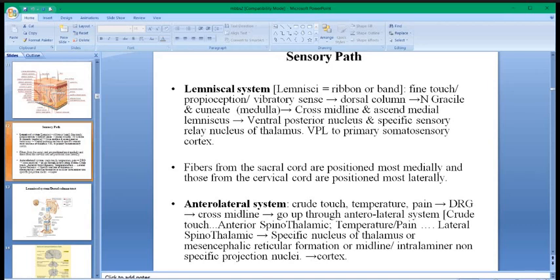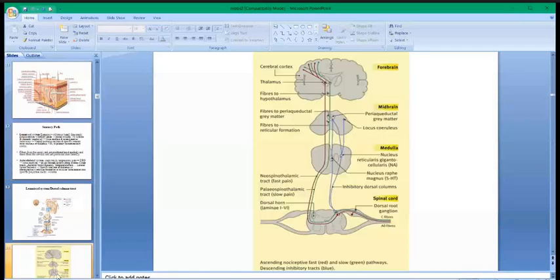Crude touch, temperature, pain, or pressure, whatever it's called, goes to the DRG, dorsal root ganglion, right? What is DRG? This one is DRG. First order neuron stops here. Second order neuron, lateral path, right? Lateral spinothalamic.